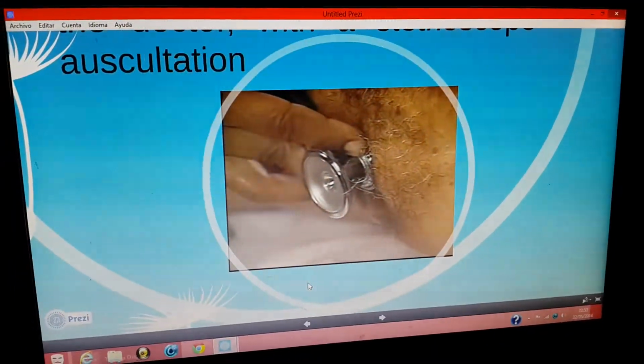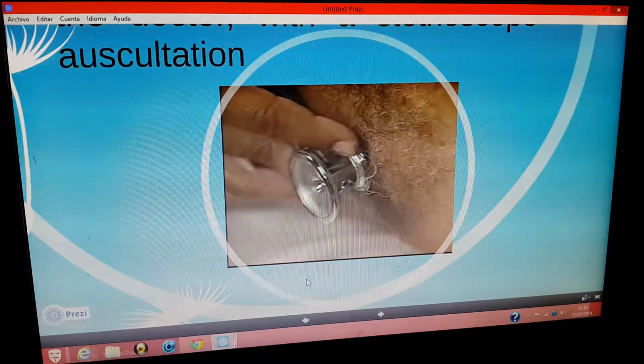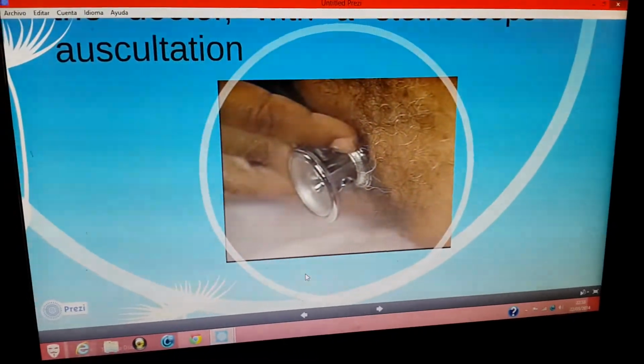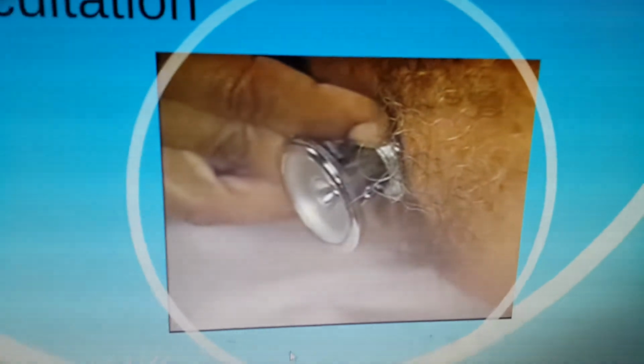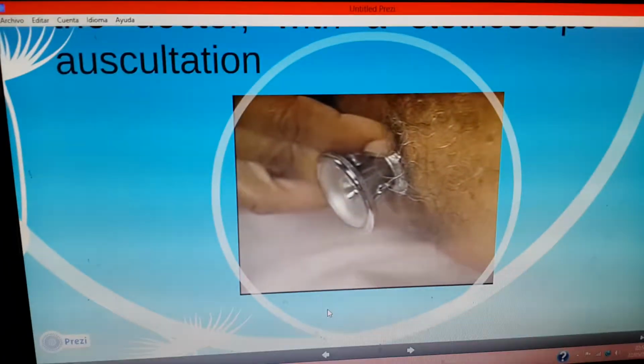Listen again with light pressure. With firm pressure. And once again with light pressure.